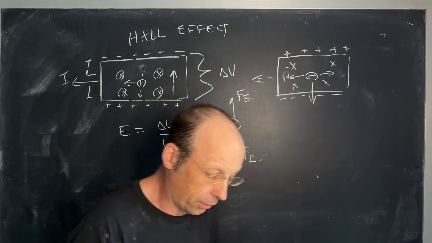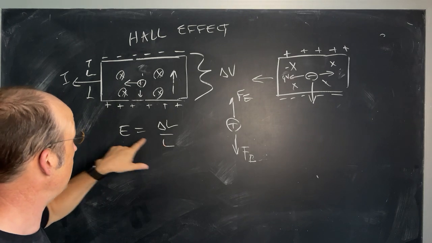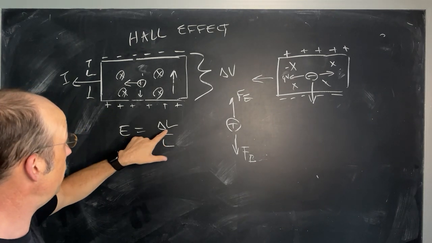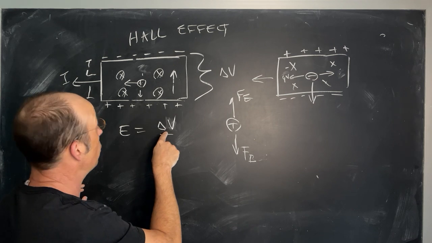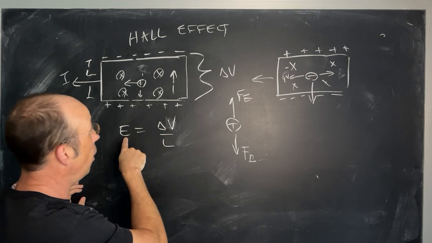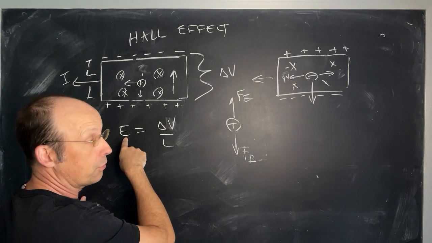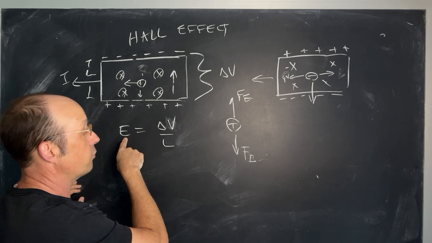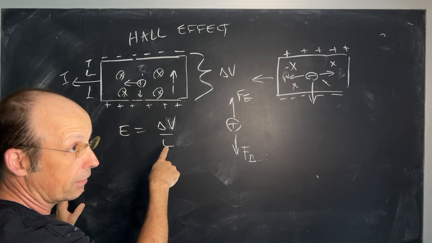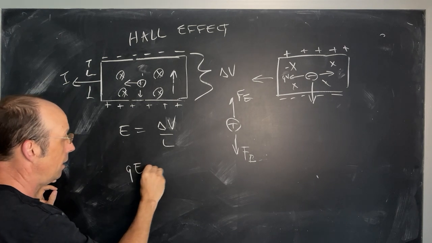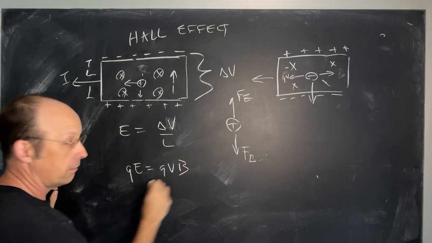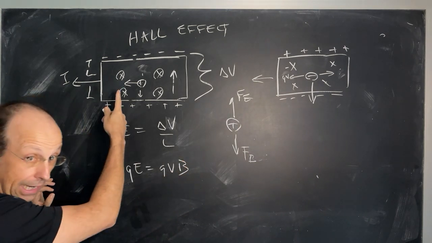Moving right along here. The important thing here is the change in potential. We know the electric force has to be equal to the magnetic force. So I can say this: qE is qvB in this case.